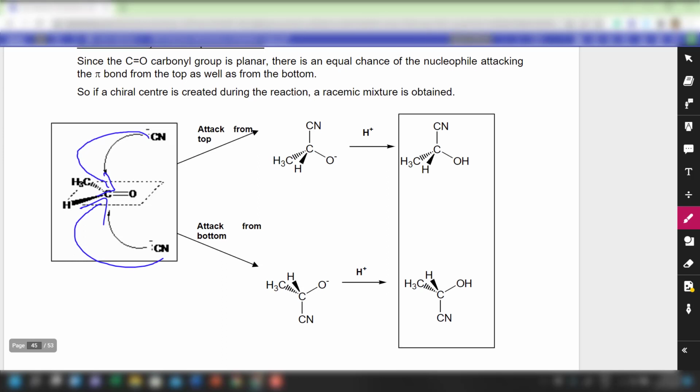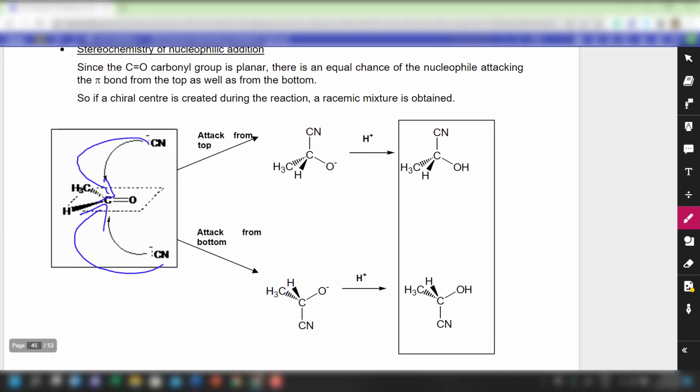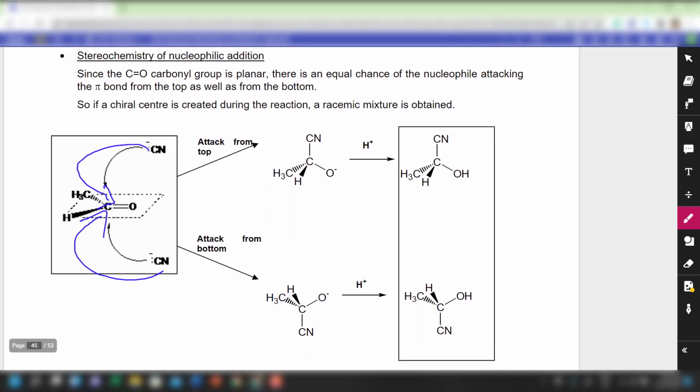Okay, and you might also be able to recognize from what we discussed on attack from the two phases that the nucleophilic addition will also give you a racemic mixture.